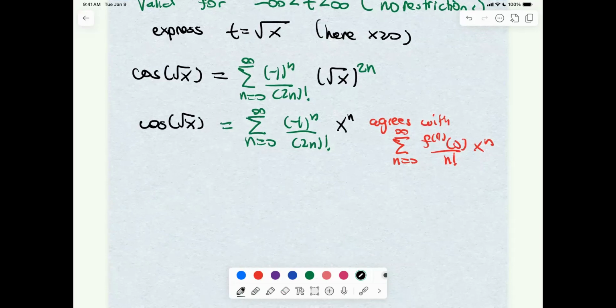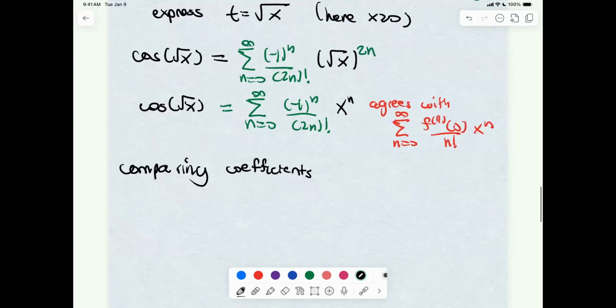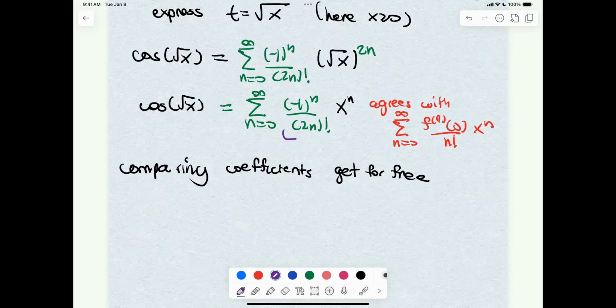The only thing that I wanted to say here is that because they're supposed to be the same, you get for free a formula for the nth derivative of the function at zero, for what it's worth. So that's nice. Comparing the coefficients in front of x to the n, you get for free that this is a coefficient in front of x to the n, and this is a coefficient in front of x to the n.